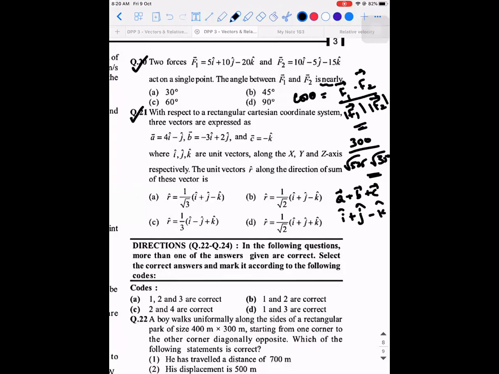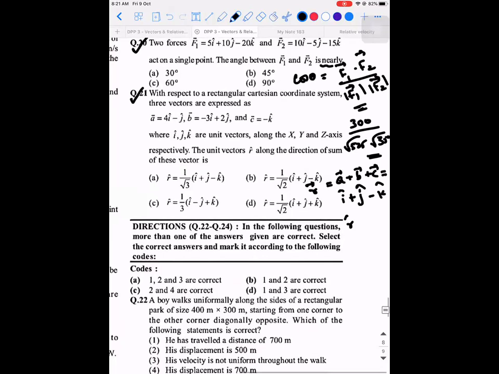I just added them: I cap plus j cap minus k cap. If you call this r vector, then what is r cap, guys? R vector by magnitude of r vector. The answer will be I cap plus j cap minus k cap by √3. So answer will be first option.